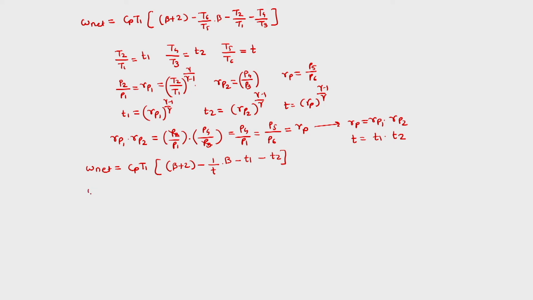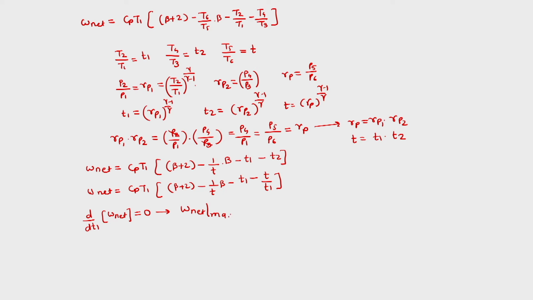So W net is equal to Cp T1 into beta plus 2 minus 1 upon T beta. So we can replace it with T2 by T upon T1, and then we can differentiate this expression of W net with respect to T1 and equate it to 0, so that we expect W net to be maximum.